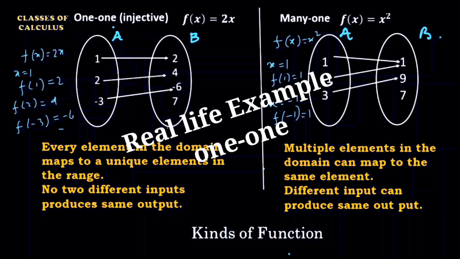First of all, the one-one injective function. Suppose in a school, each student is given a unique ID number. So no two students have the same ID number.